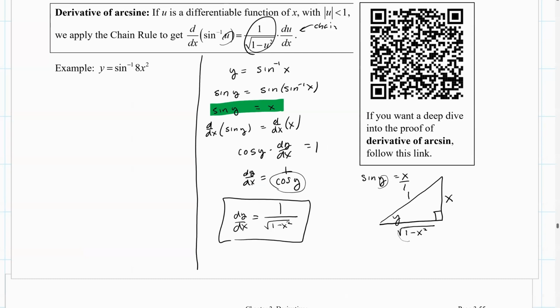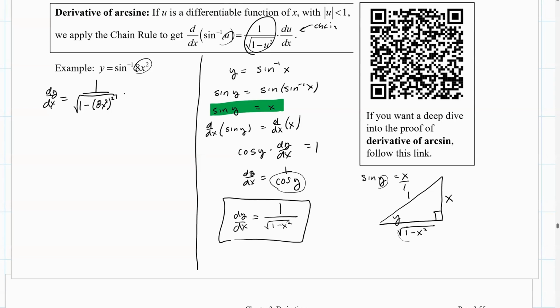Okay, let's apply that. Hey, what's dy dx? 1 over the square root of 1 minus u squared, where u is that. So how about 8x squared? Great.